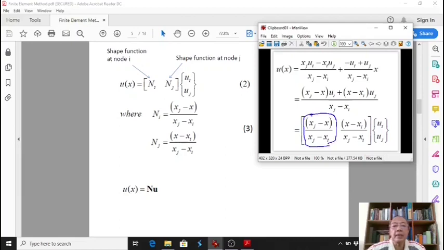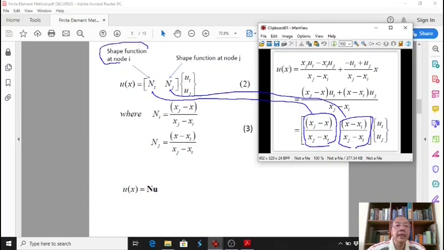This term we call ni, and this term we call nj. So ni and nj are shape functions. ni is the shape function at node i, and nj is the shape function at node j.